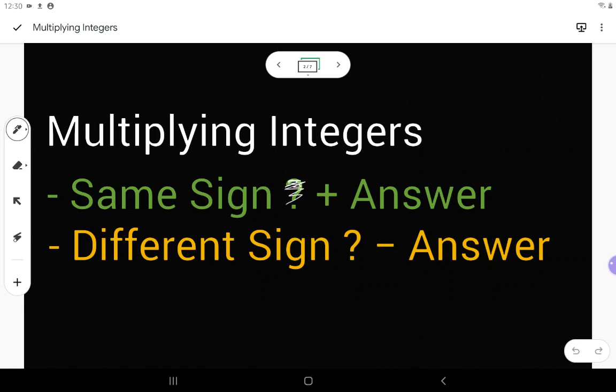So this is supposed to say if we have the same sign when we're multiplying, we get a positive answer. Not a question mark, but I'm also much too lazy to re-record this video, and I think you know me well enough now to know that. So if I have the same sign when I'm multiplying, I get a positive answer. If I have different signs when I'm multiplying, I get a negative answer. That's really the pattern.